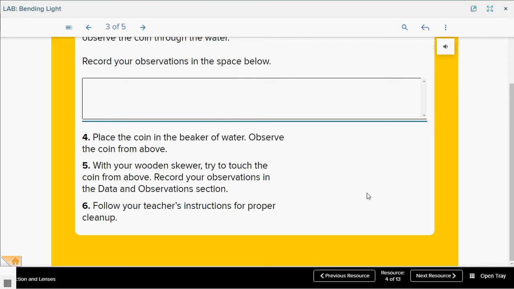Place the coin in the beaker of water. Observe the coin from above. With your wooden skewer, try to touch the coin from above. Record your observation in the data and observation section. Follow your teacher's instructions for proper cleanup.